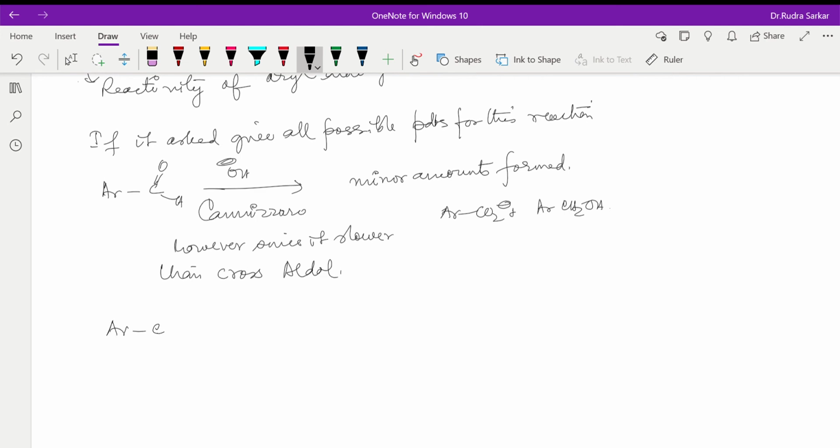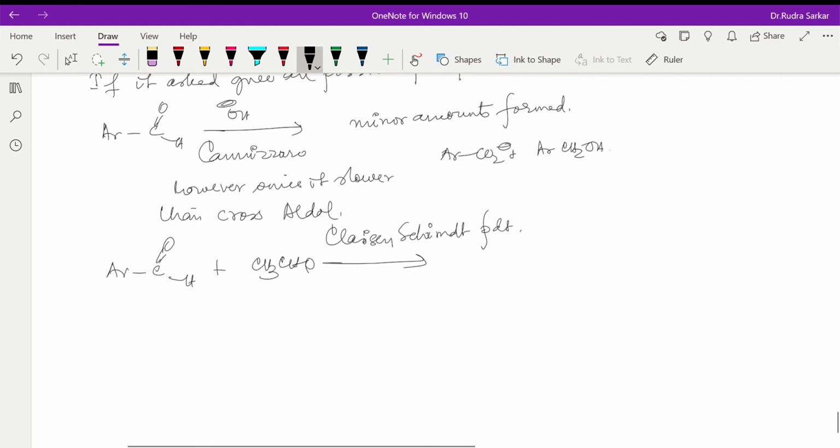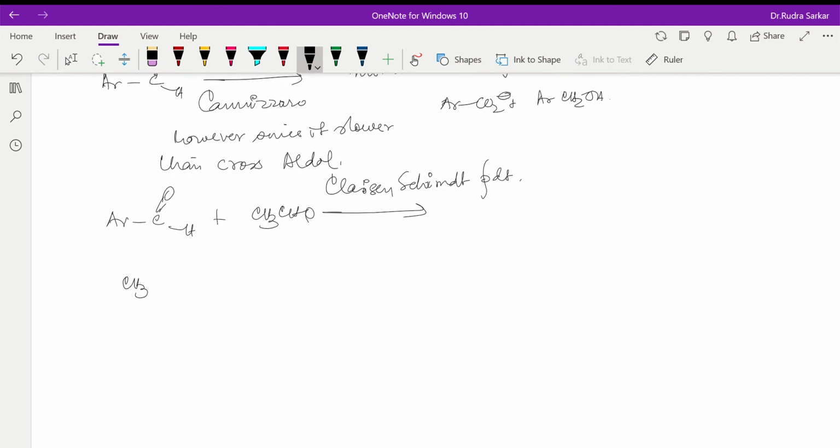Another is obviously what we have done, that is the Claisen-Smith product, or CH3CHO combining with CH3CHO, giving you the aldol product.